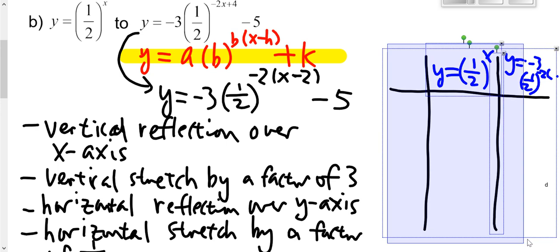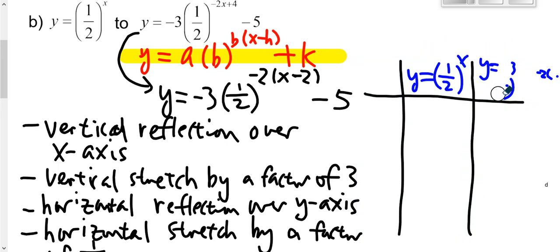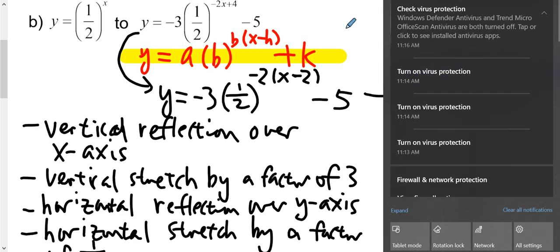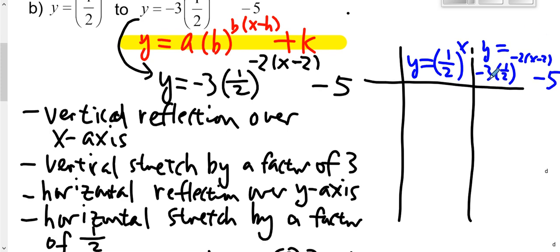Okay, so let's move all this here and then erase some of this. So y equals -3 times 1/2 raised to the power of -2 times (x minus 2), minus 5. Okay, so now let's look at each one separately.